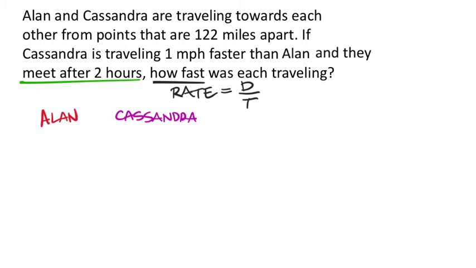So we do know that the rate for Alan is 1 mile per hour less. Oh, so there's two ways to do this. You can define a variable for Cassandra, or you can define it for Alan. I guess we'll do Cassandra. So C, I will say, is the speed we want to know, that's Cassandra's speed.